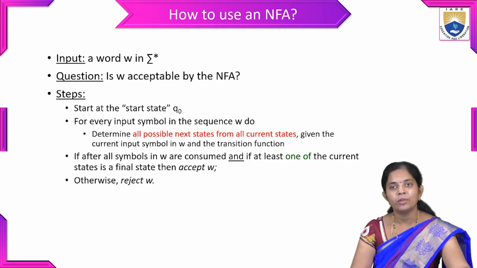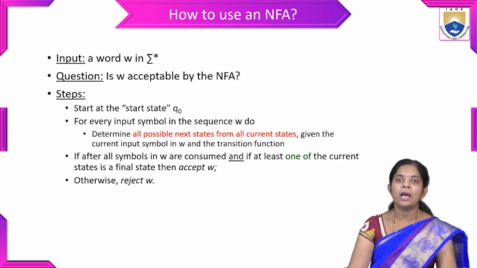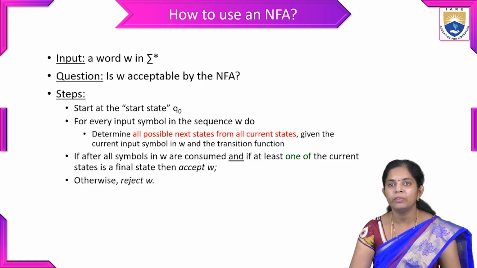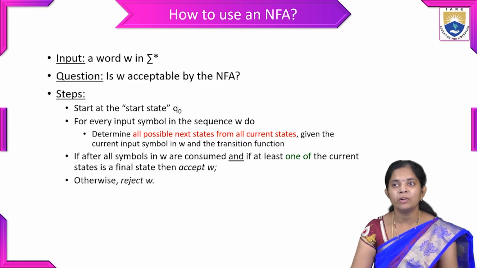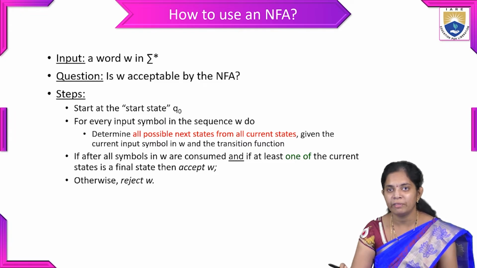So we initiate the starting state, and construct according to how many symbols are in W. The third step: after all symbols in W are consumed, if at least one of the current states is a final state, then accept W. Otherwise, if it does not reach a final state, it is rejected.